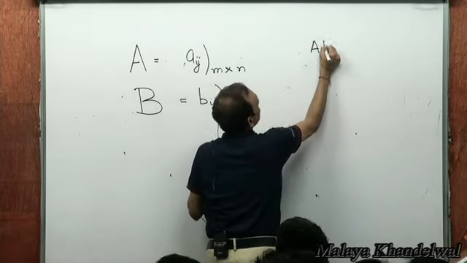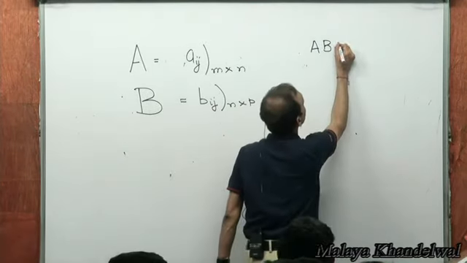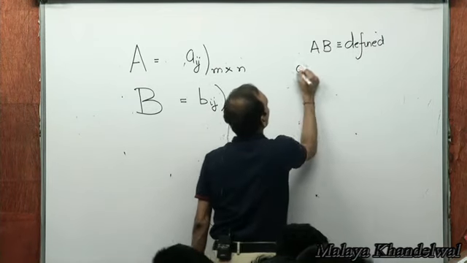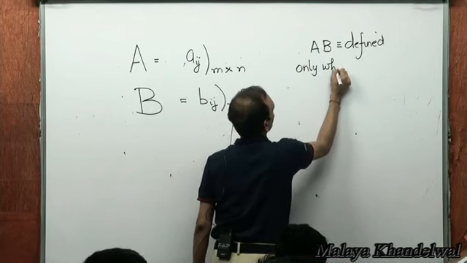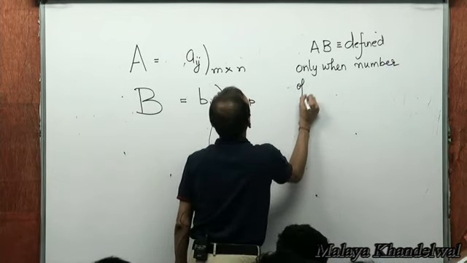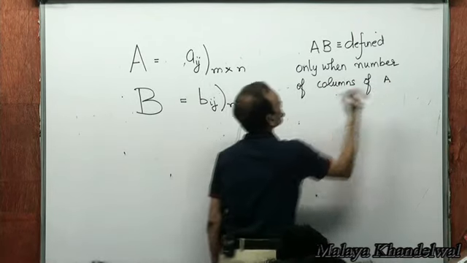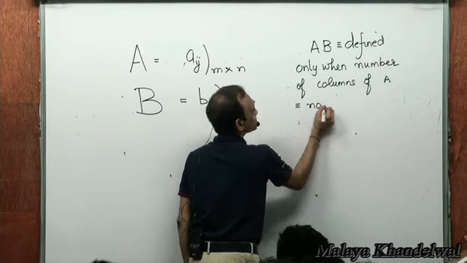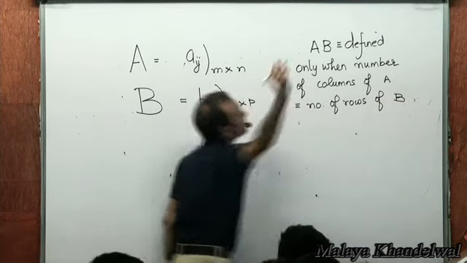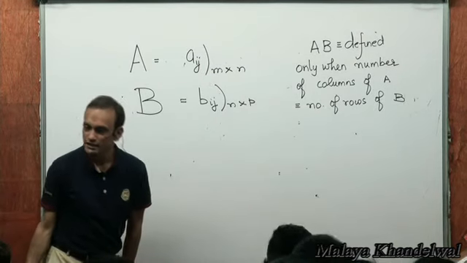AB, which is multiplication of two matrices, is defined only when the number of columns of A equals the number of rows of B. Only then is the multiplication of two matrices A and B defined.